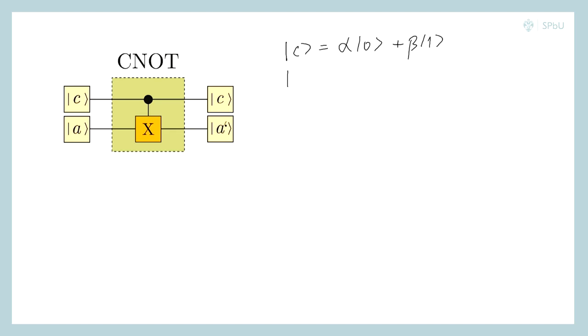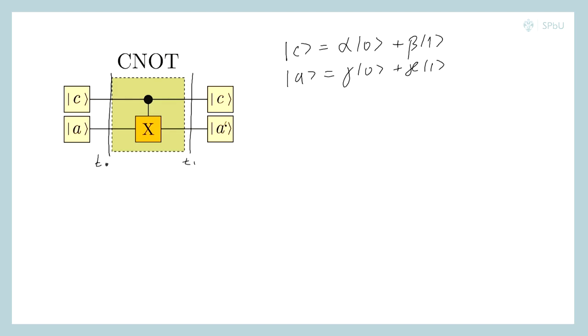And let's suppose that we have the bit A also in the superposition state, gamma 0 plus kappa 1. And we want now to introduce the time scale. So t0 is the input state and t1 is the output.